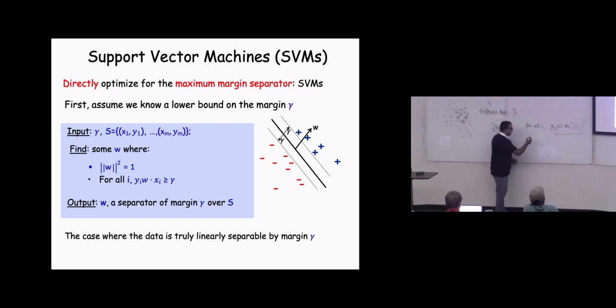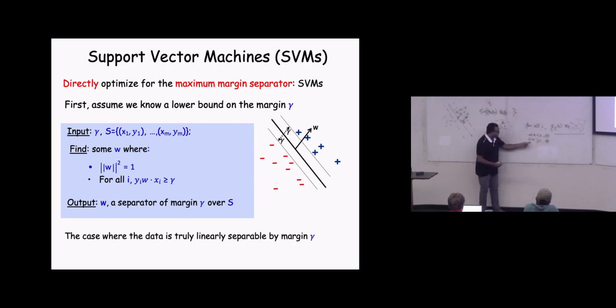Complicated? Think about this. In perceptron, what we did, W dot x is less than 0. What was the label? Negative. W dot x greater than or equal to 0. What was the label? Positive.